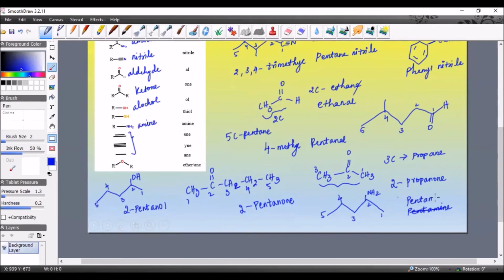P-E-N-T-A-N. Get rid of the E, write pentanamine. Where is the NH2 group located? It's in the second position, so 2-pentanamine. Or I've seen people write 2-pentanamine, but to be consistent with the fact that you just chop off the E, I did 2-pentanamine, okay?